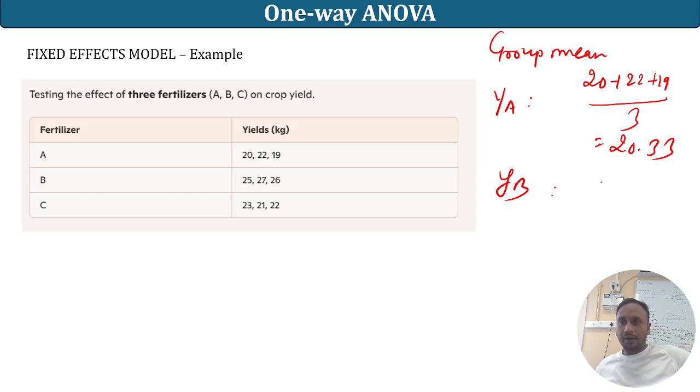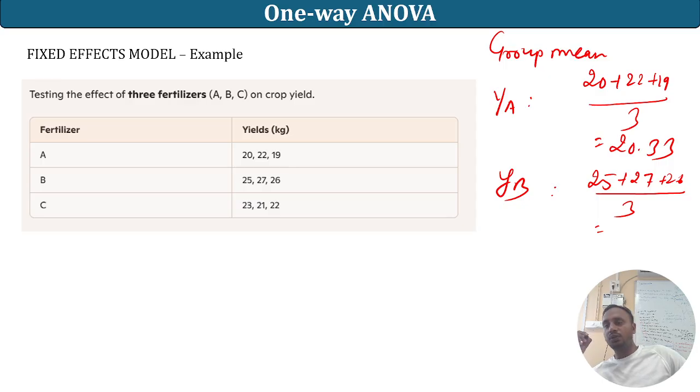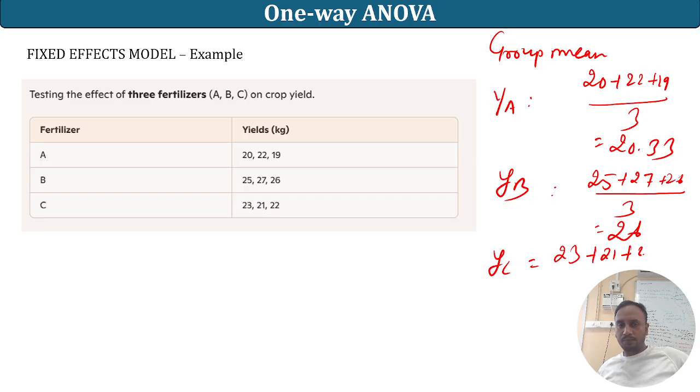YB, we have 25 plus 27 plus 26 by 3. 25, 27, 52, 52 plus 26, 78, 78 by 3, how much? 26. Then YC, it has 23 plus 21 plus 22 by 3. 23, 21, 44, 44 plus 22, 66, 66 by 3, 22.